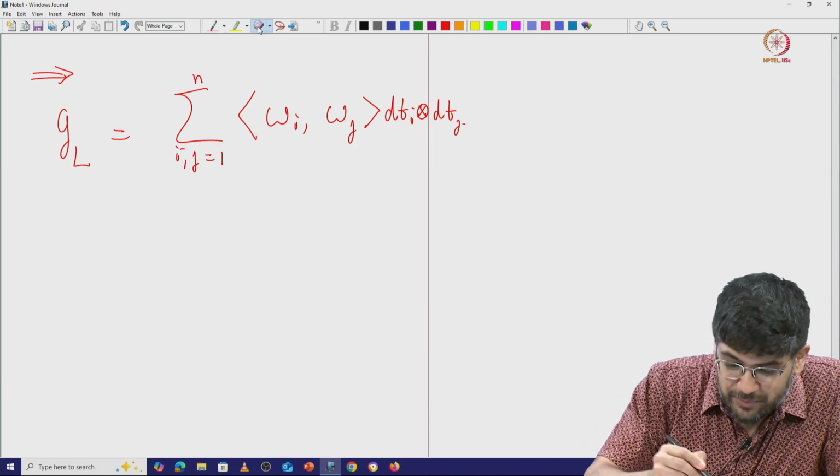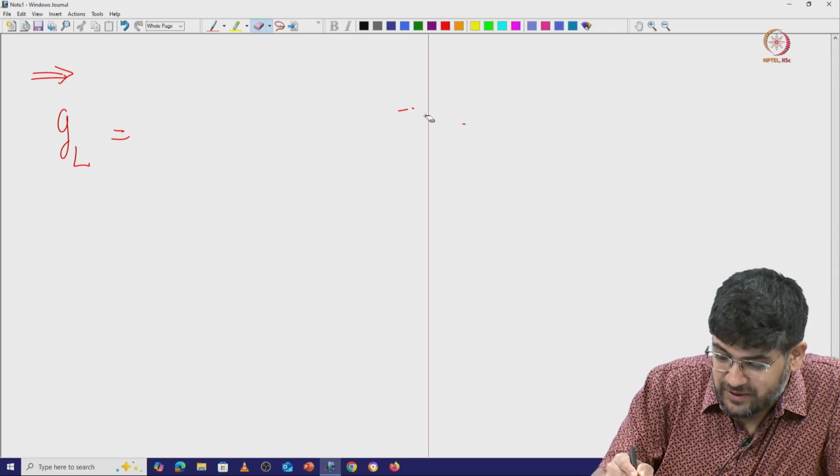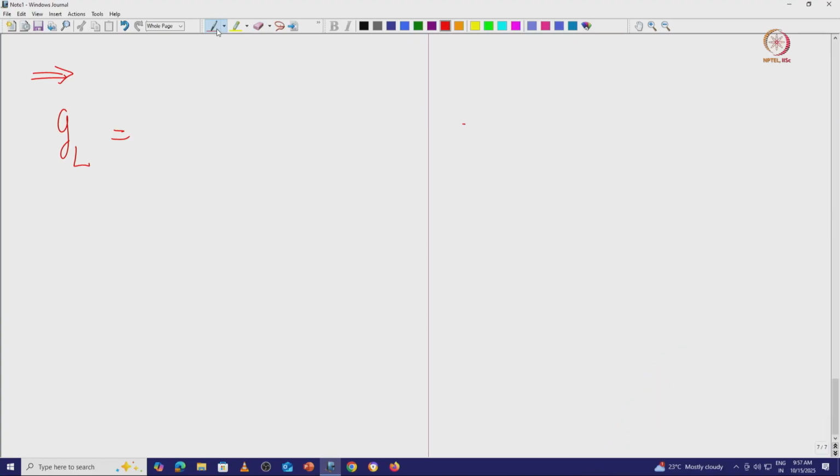Let me write this in a better way. So this is the summation i, j going from 1 to n of omega i dot omega j dTi tensor dTj.